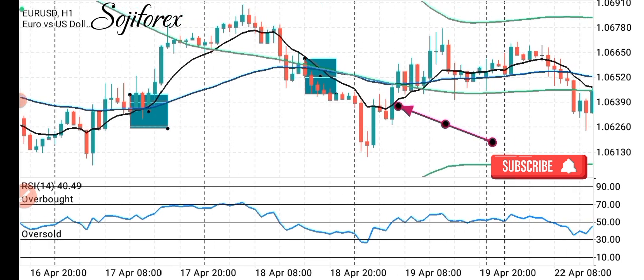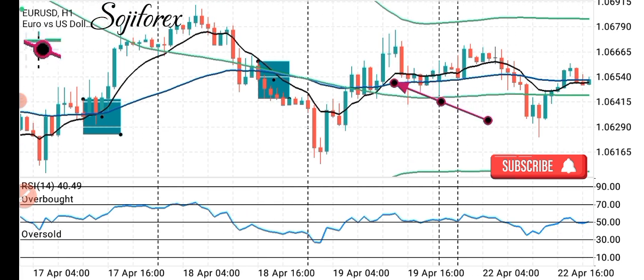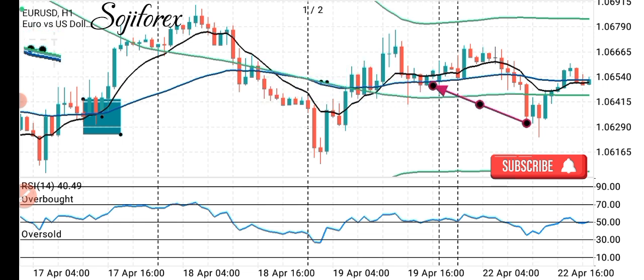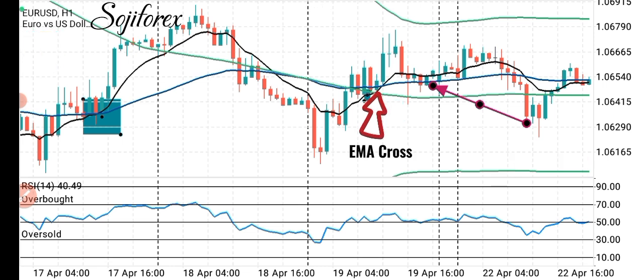And when it crosses down to this side, again now you want to buy, because all you know is when the indicator crosses, you buy. And then another cross happened here, and you are eager to buy at this zone.